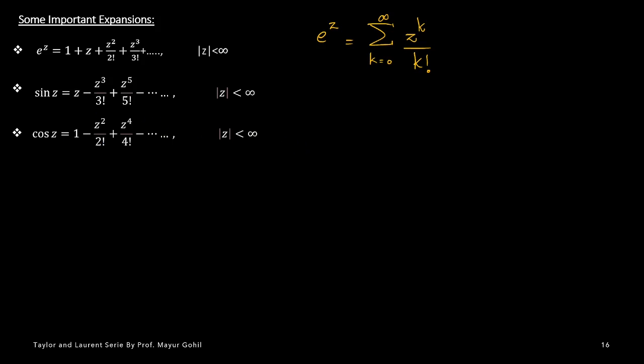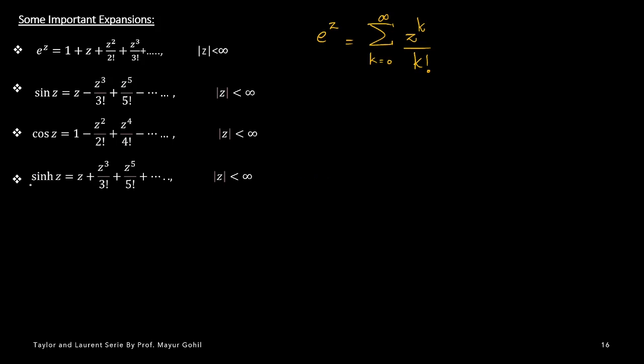The important expansion that we come across is sinh of z, the hyperbolic sine function. Since sinh of z has come, similarly we can take the derivative of sinh of z, and we get cosh of z. I'll write it over here to show you.